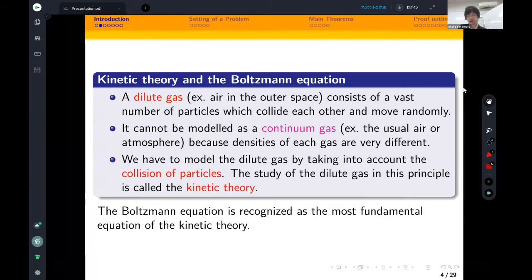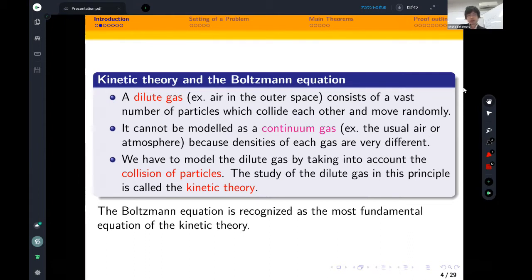I believe that the very fundamental hypothesis for continuum mechanics is that even though molecules in the air, like oxygen or hydrogen or nitrogen, are discrete, their density is such that the distance between two molecules is very small, so that we cannot sense it.